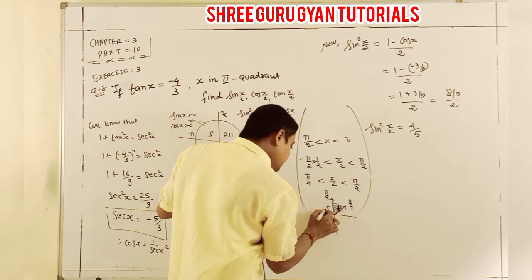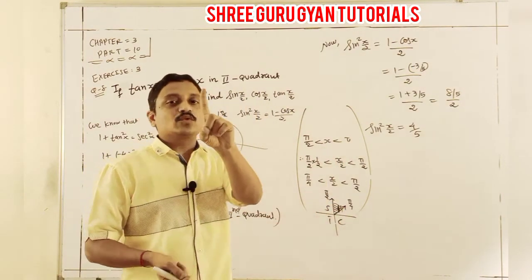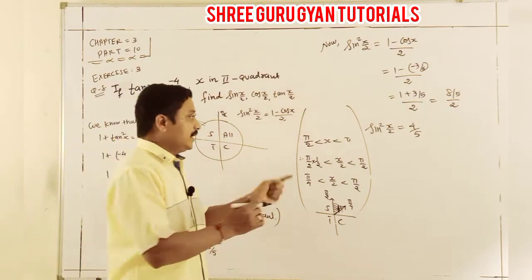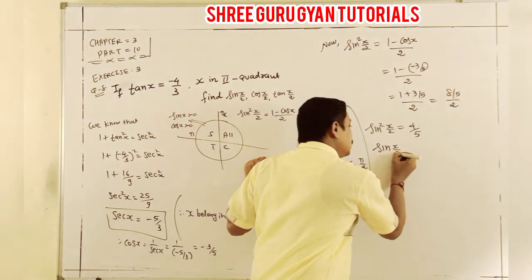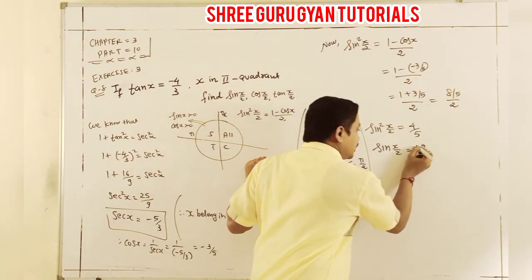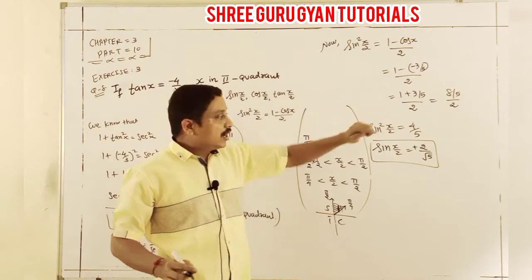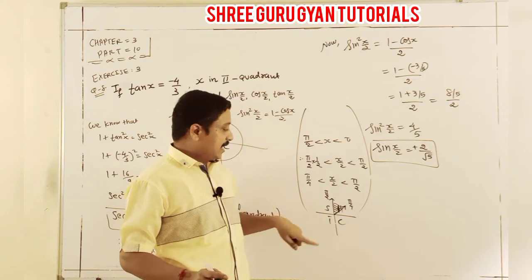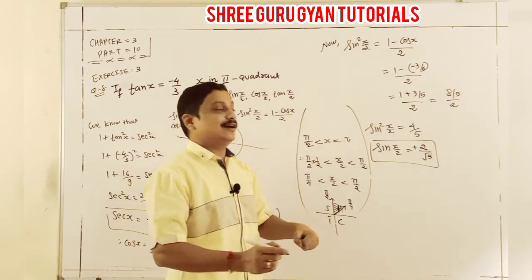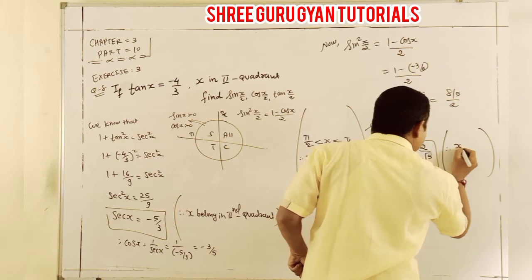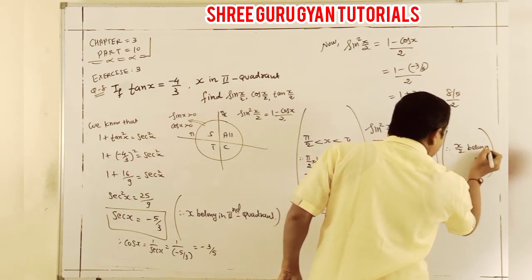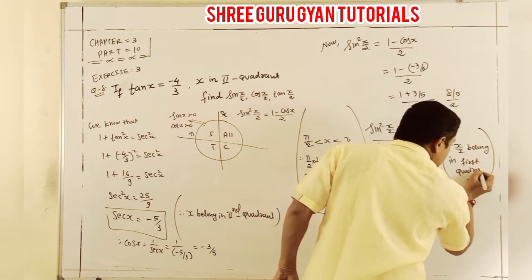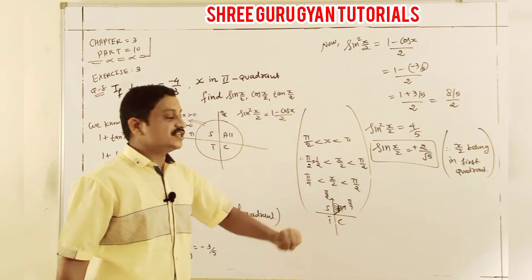So in ASTC, x by 2 is in the first quadrant. The angle x is in the second quadrant, but for x by 2 I get only 2 by root 5, positive. Students, whenever you take a square root, the answer is positive and negative, but I am in the first quadrant, therefore I write positive and mention there that x by 2 belongs to the first quadrant. That's how I finished sin x by 2.